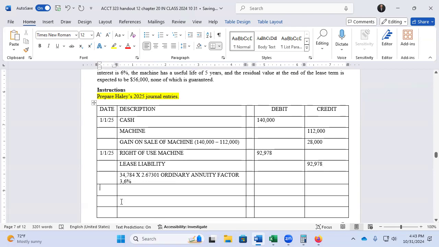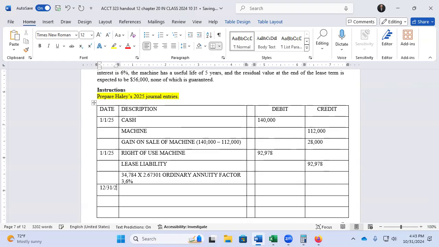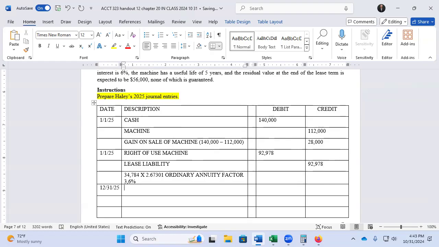Now we know we have to record the payment. And when we do that, we have lease expense, and then we have right of use, and then lease liability. So we know the lease expense is going to be our payment amount, 34,784.